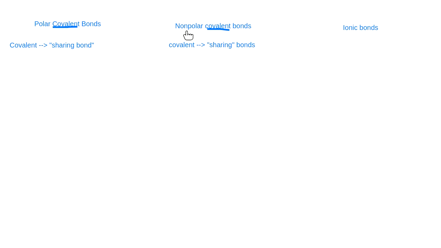When I talk about polar covalent compared to nonpolar covalent, the difference between them is going to be how they share those electrons. So is it those polar covalent bonds or the nonpolar covalent bonds that share the electrons equally? Who does equal sharing?